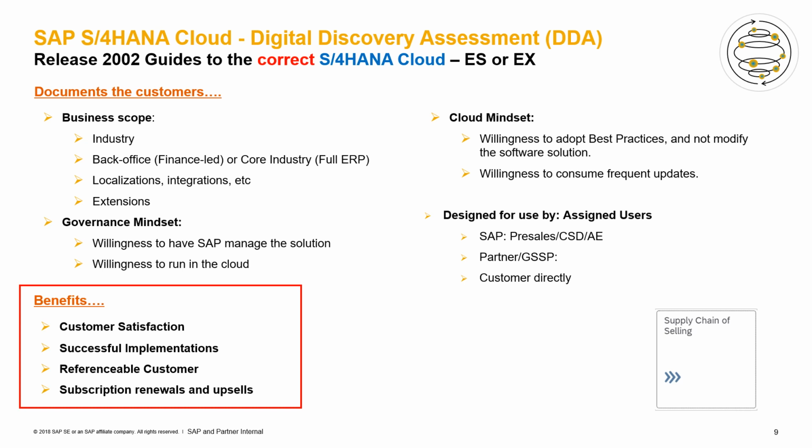The benefits include higher customer satisfaction, higher success in implementations, a referenceable customer at the end of the day, and subscription renewals and upsells during the time frame of the subscription.